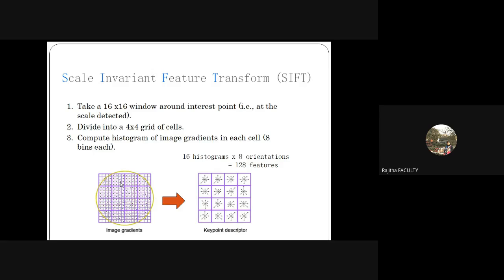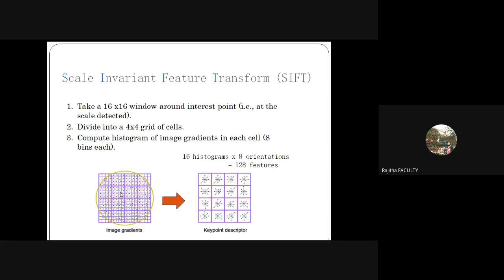Okay, orientation of those pixels. Now if I talk about the 16 cross 16 window, it is further divided into 4 cross 4 windows. Now for every 4 cross 4 window, you need to create one histogram, right? One histogram. So for this particular 4 cross 4, that means 4 for the 16, so 16 values are defined here with its histogram. For the histogram, we have taken the directions.